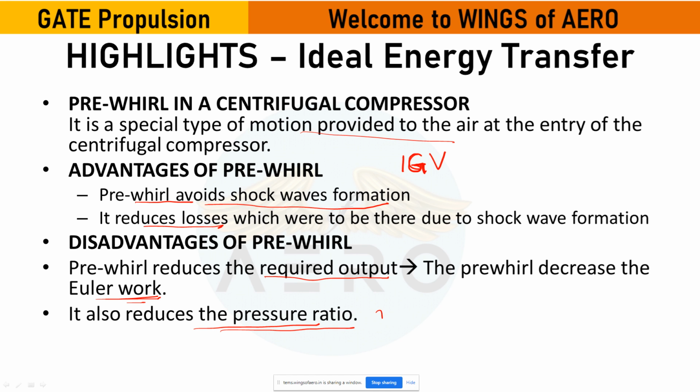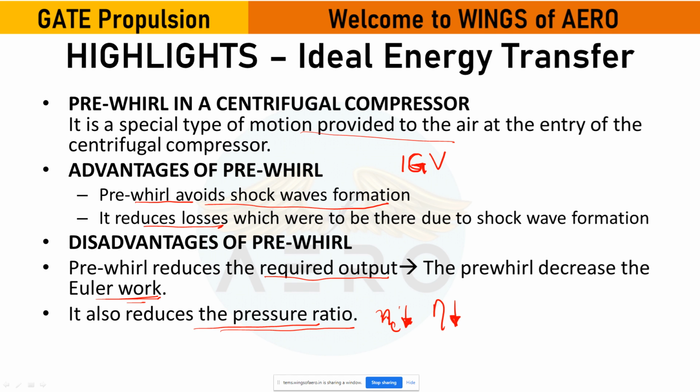So if the pressure ratio RC is decreased, then the efficiency will also decrease because they are directly proportional. This is a small concept but a huge point in it.